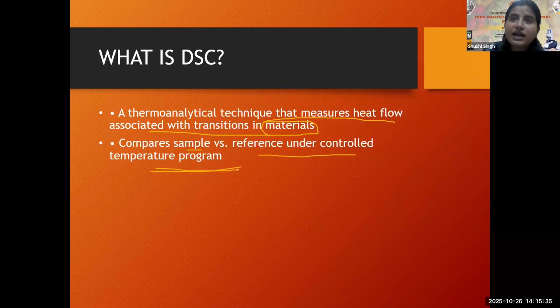Whenever we are doing DSC, we have to set a certain range of temperature to which our food will be subjected. So we have to take proper care which range of temperature we choose, so that we can get the proper graph and the proper data about glass transition or crystallization temperature, etc., which we will be discussing in the next slides.